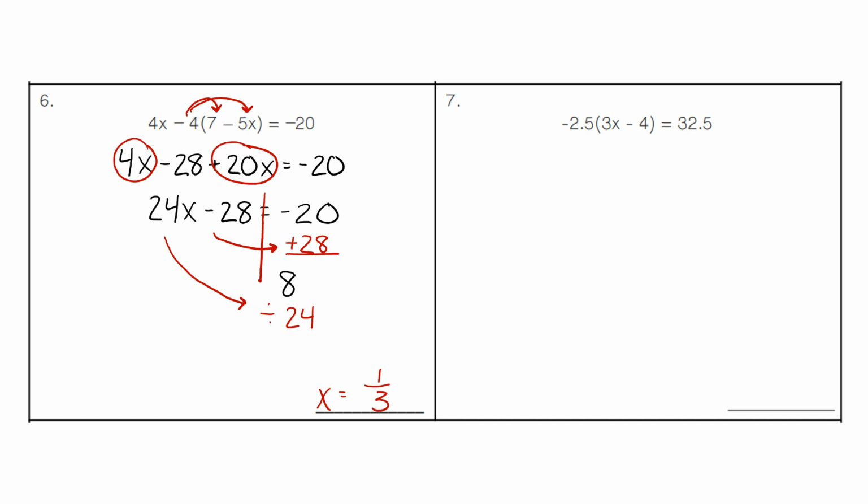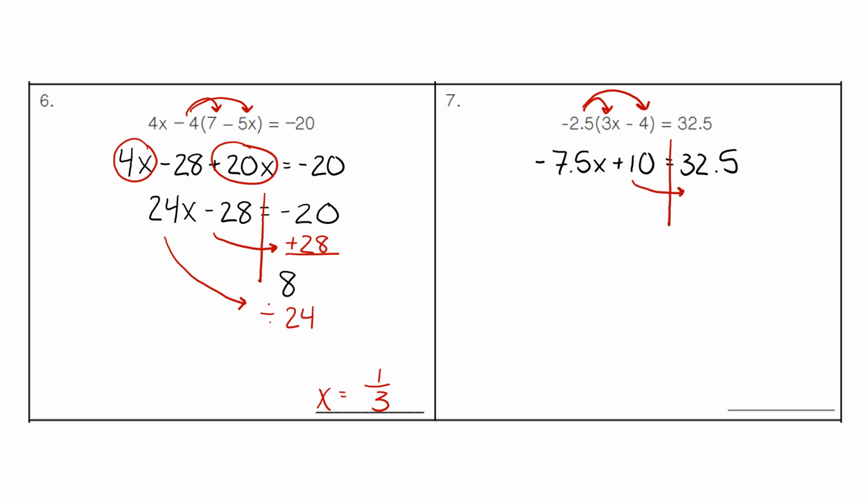For number 7, again, we start with our parentheses, meaning we multiply our -2.5 times 3 to get -7.5x. We multiply again, -2.5 times -4 to get a value of +10. We then move our numbers away from the variable.